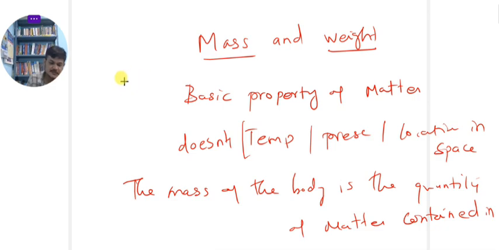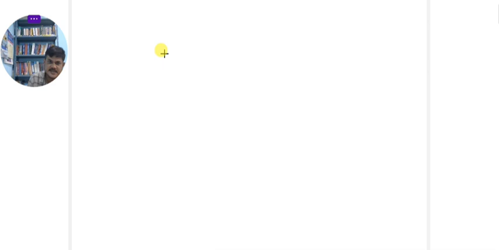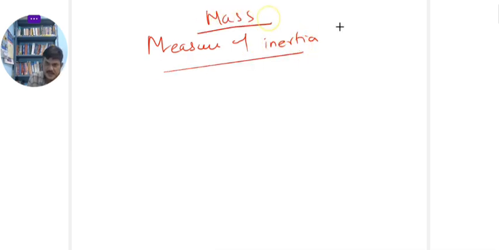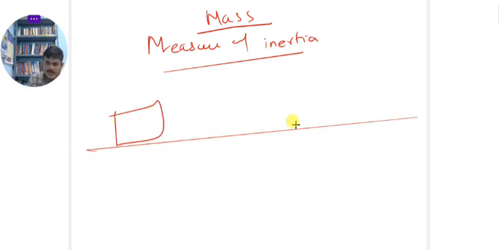The distinction between mass and weight is very simple. Mass is a measure of inertia. Clear? When this is the block of mass, I am moving this block from this position to this position, so I am giving a force.